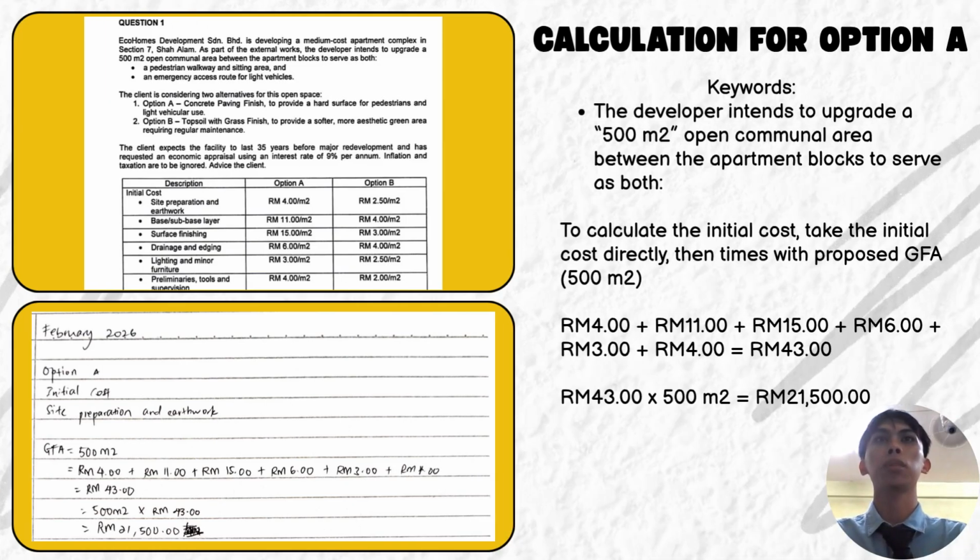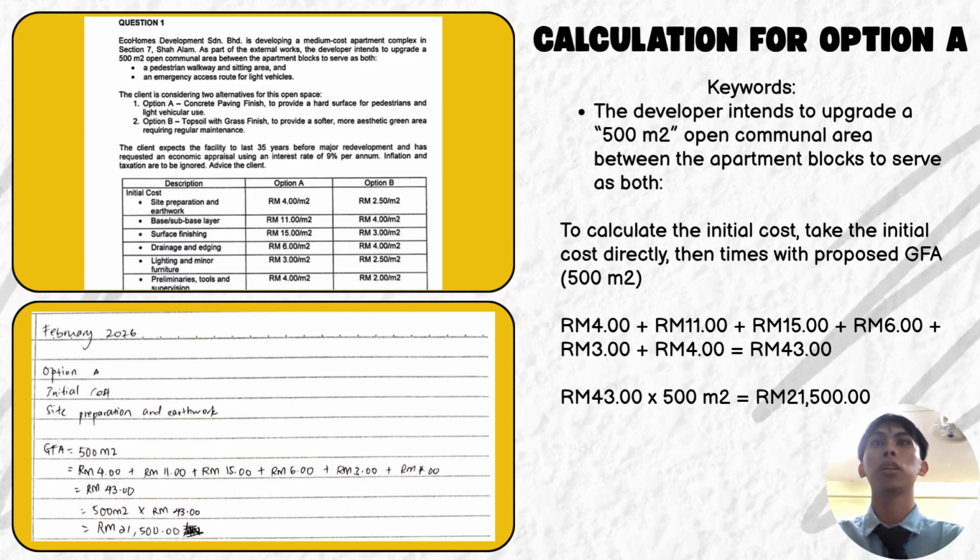So I will explain the calculation for option A, which is the initial cost. Before we calculate the initial cost, we need to find the important keywords in the question. As I have highlighted, the keyword is the developer intends to upgrade the 500 meter square. To calculate the initial cost, take the initial cost directly, then multiply by the proposed GFA.